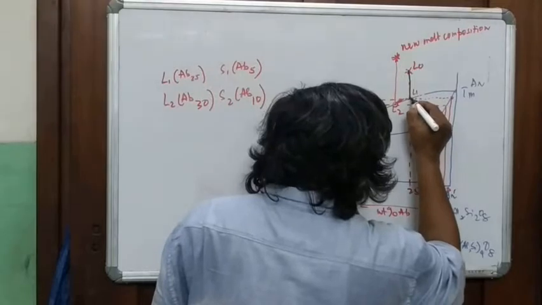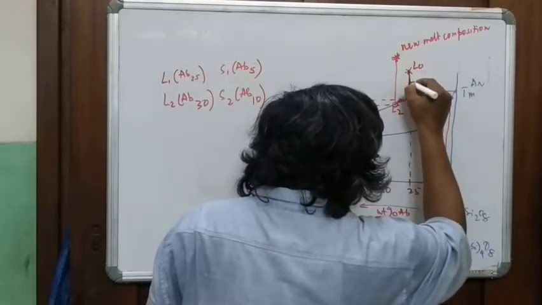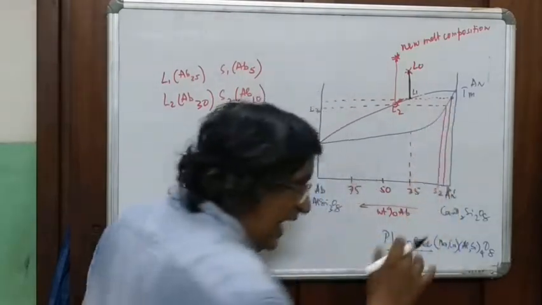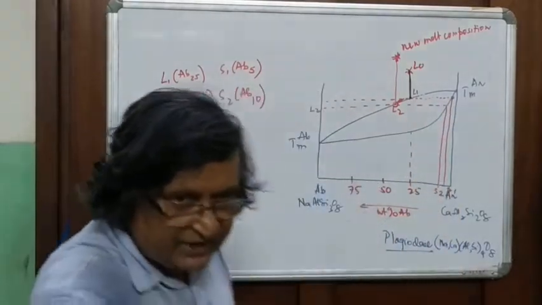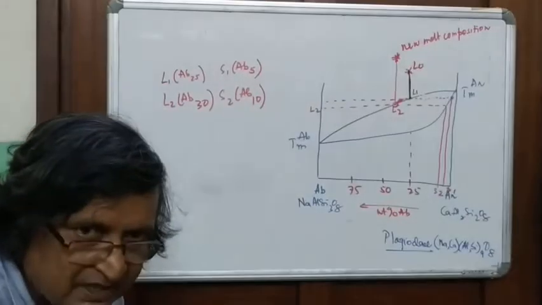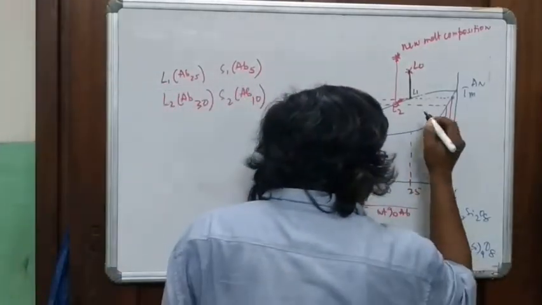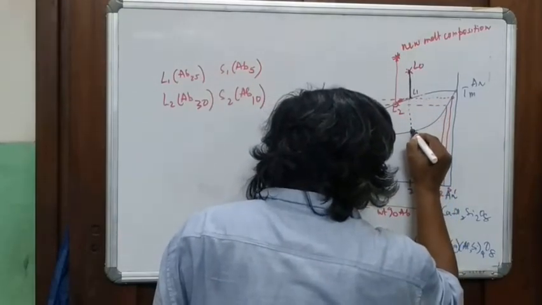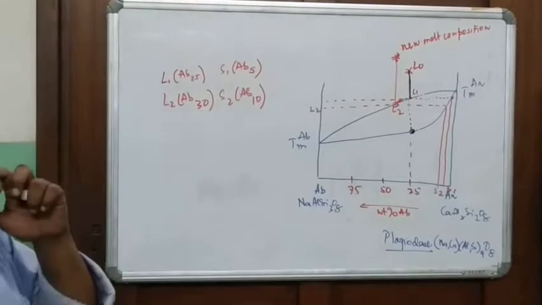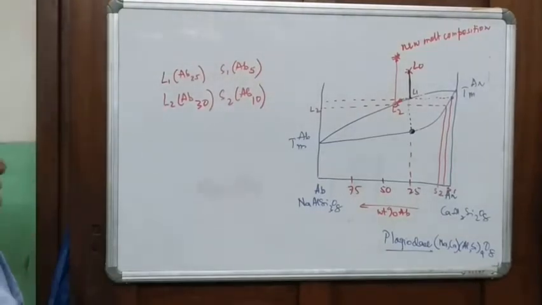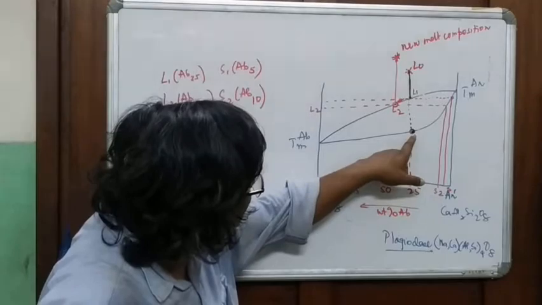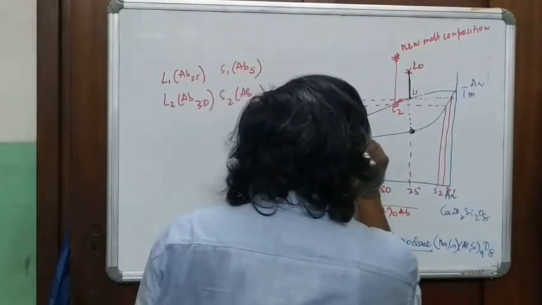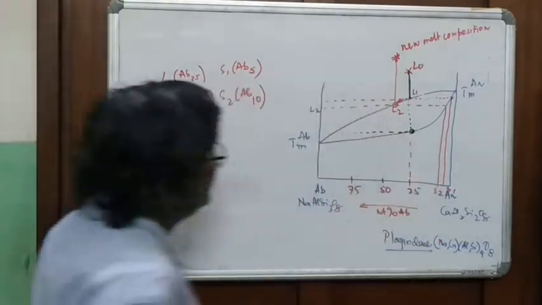If you allowed equilibrium crystallization, as in earlier lectures, that means crystals are not being separated, then the last solid composition would have been here, for which the temperature would have been here.